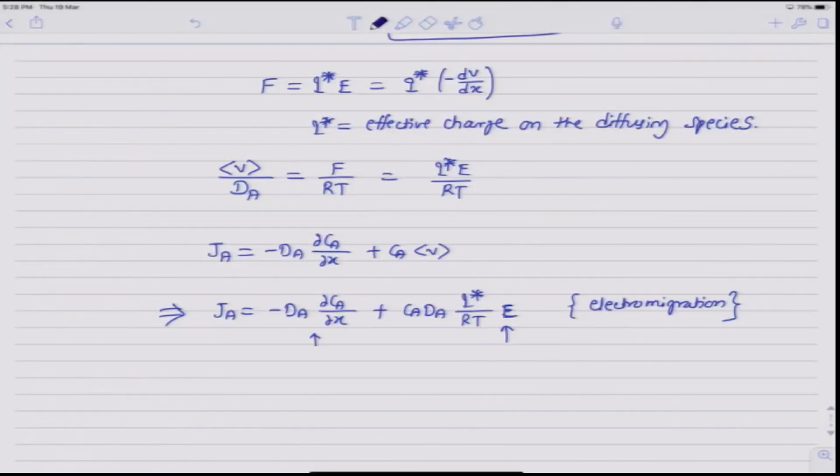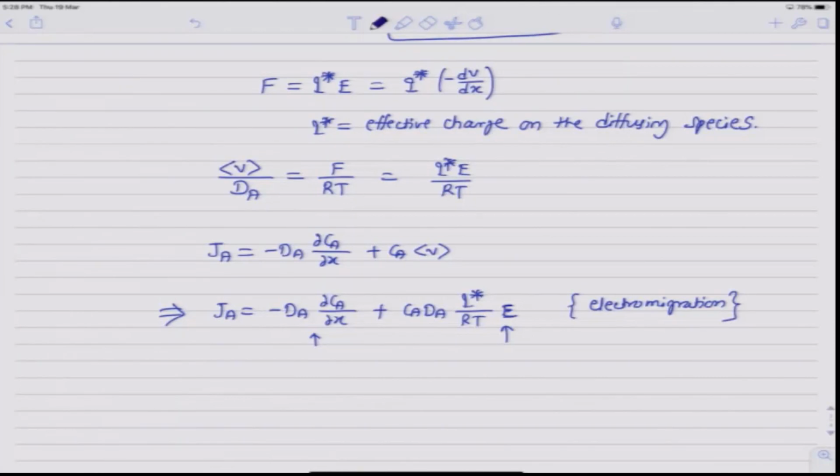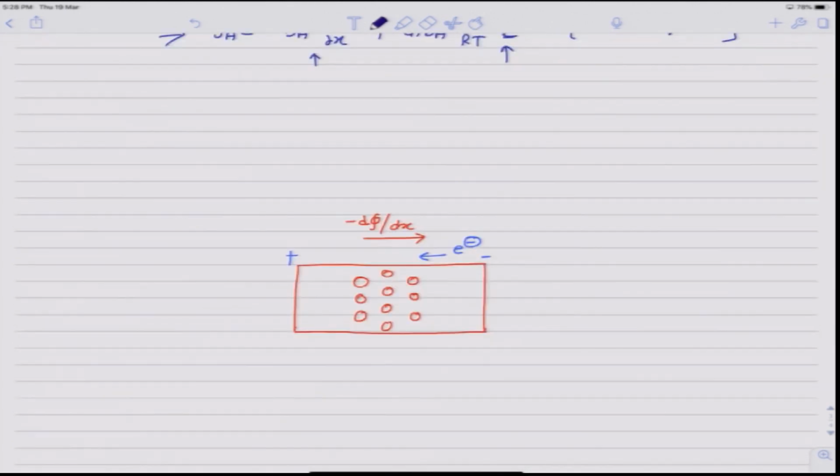Now let us try to look at physically what happens, why there is a diffusion flux even when there is no concentration gradient, or when both concentration gradient and electric potential gradients are present, why there is a drift term associated with the electric potential gradient. So let us try to look at it. So consider this sample.